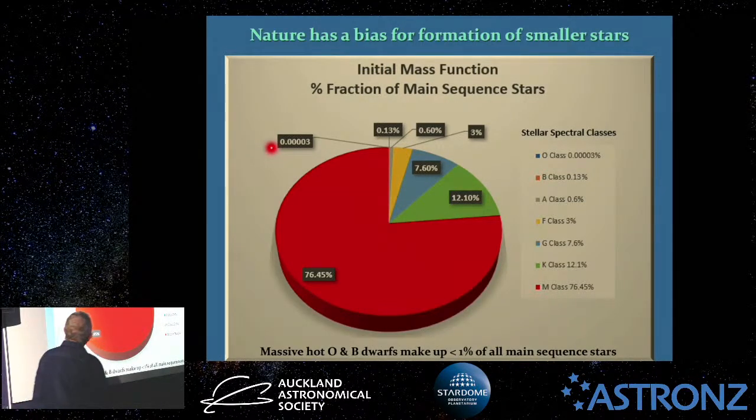Hardly worth mentioning. The B class stars, 0.13%. So very little. Of course, out of those B, you're going to split them up into 0, 1, 2, 3. And of course, there's going to be far fewer 0s and 1s and 2s than there are 3, 4, 5, 6, 7, 8, 9, and so on. So the bottom line is massive hot O and B dwarfs make up less than 1% of all main sequence stars. It's amazing, isn't it?